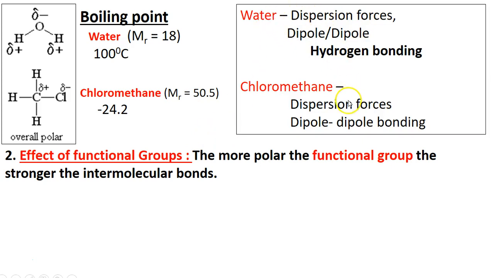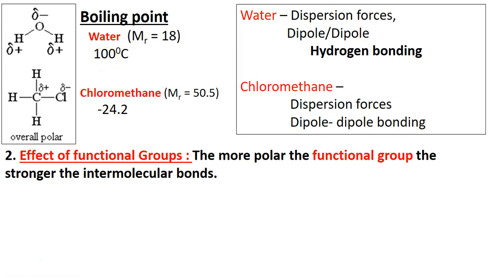So always dispersion forces between all molecules, dipole-dipole, but this particular dipole, when it's a hydrogen attached to an oxygen, nitrogen or fluorine, then it's an extra strong dipole-dipole, hydrogen bonding. So this has got hydrogen bonding and that one doesn't, which is why the boiling point of that one's higher, even though this one would have more dispersion forces because it's a bigger molecule. Okay, the hydrogen bonding in that has a greater effect.